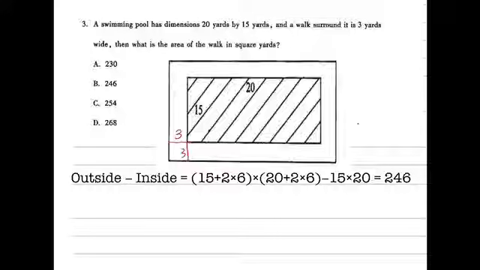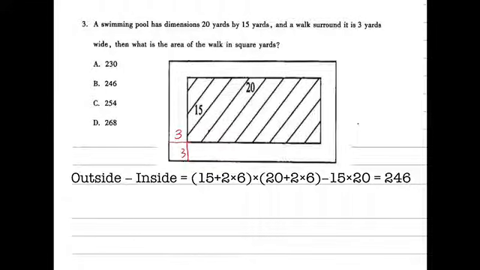For question 3, we need to draw a diagram ourselves. Here's the diagram. We can use the same method as we used in question 2. This time, we'll find the area of the large rectangle and subtract the smaller rectangle. As we can see from this diagram, the size of the smaller rectangle is 15 and 20.